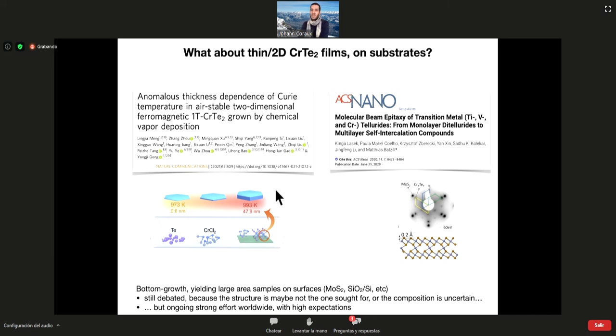The composition, for instance, in this work is highly uncertain. But I think it's important to stress this kind of work because there is definitely an ongoing and strong effort worldwide, with really high expectations, to grow these materials with the desired thickness and quality.